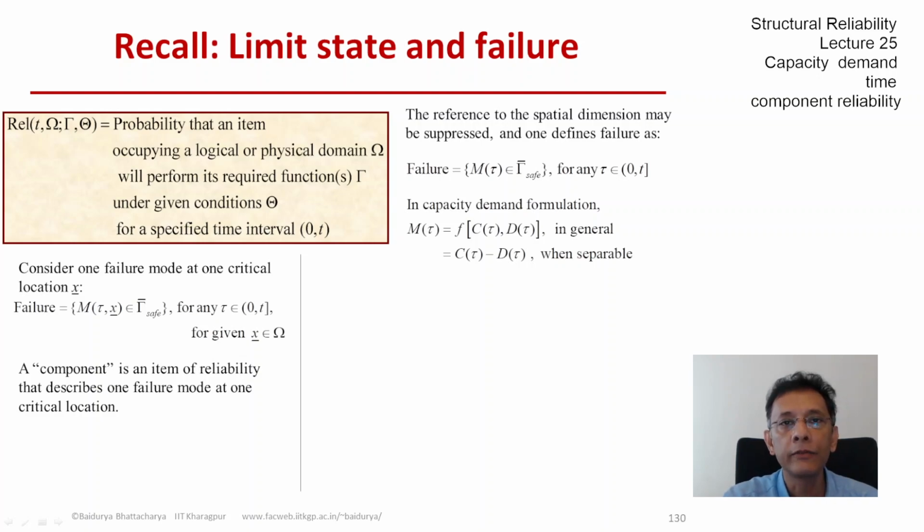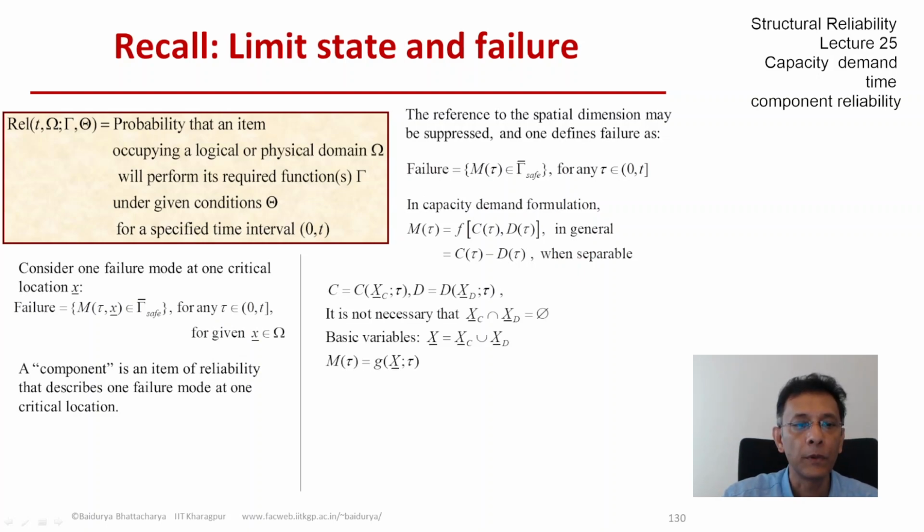In capacity demand formulation, this safety margin is a function of capacity type and demand type random variables. If they are separable, we could express M as the difference or the ratio, C minus D, C over D, etc. But these in turn are composed of or are functions of strength type and load type variables.